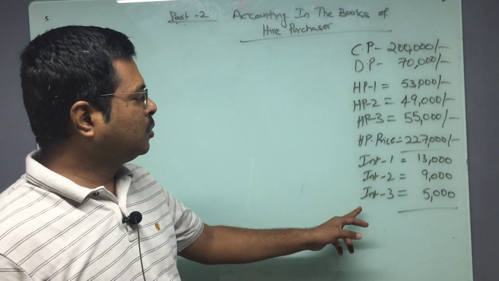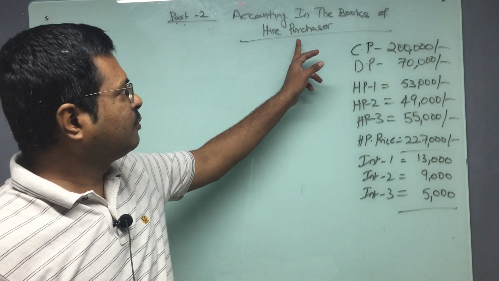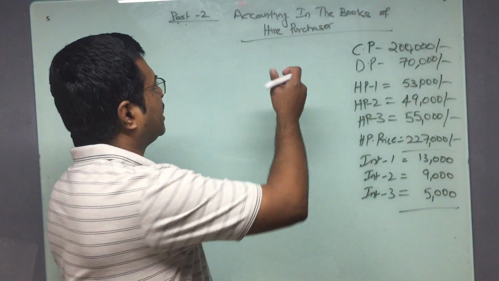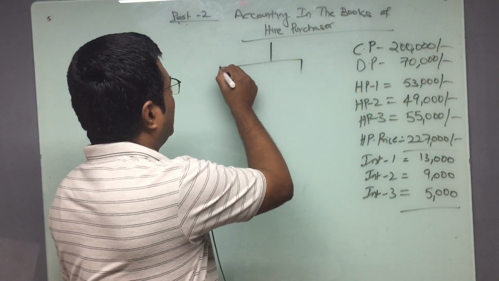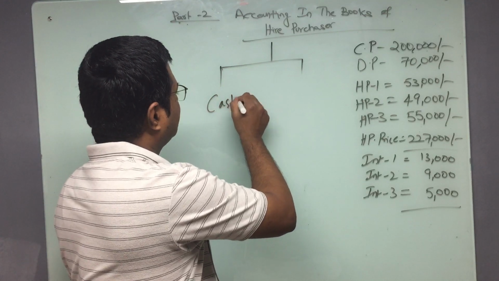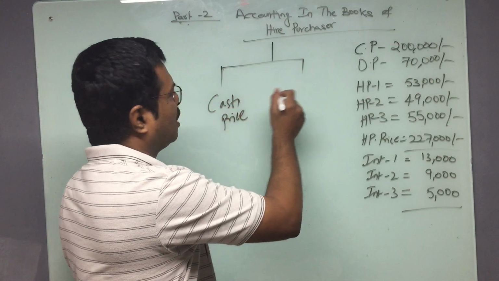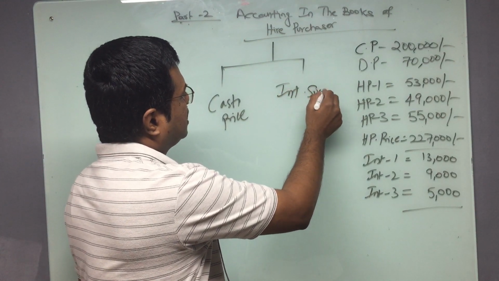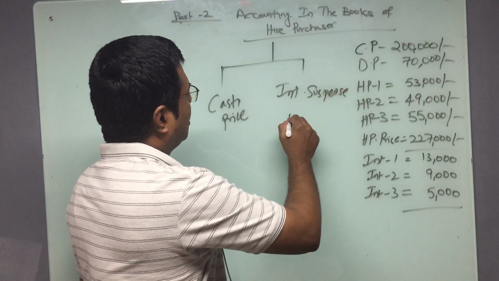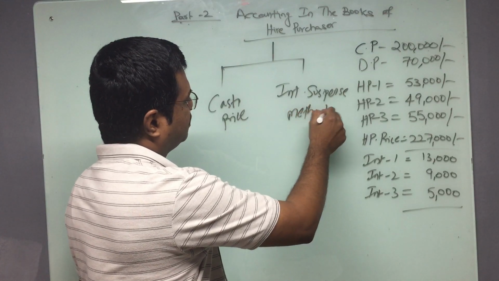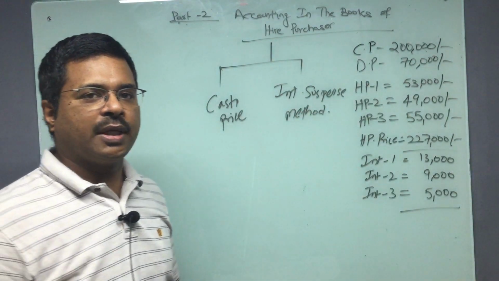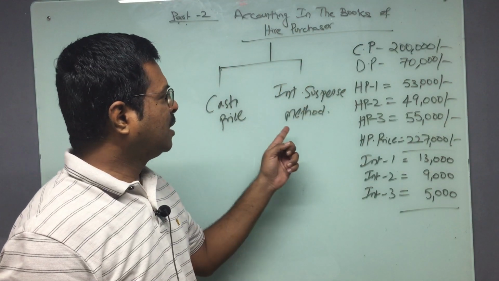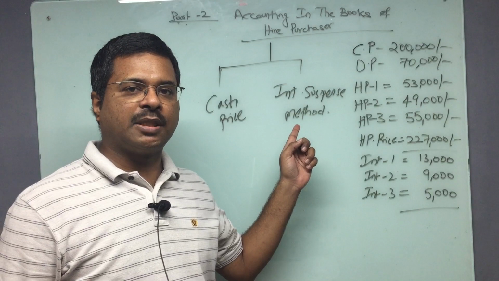Now we have to do accounting entries in the books of hire purchaser. There are two methods of accounting: one, cash price method, and two, interest suspense method.